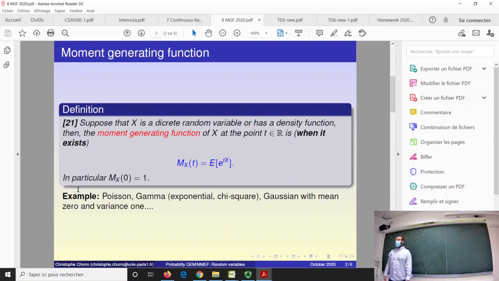It's just a basic computation of derivatives. What do I obtain for t equal to 0?